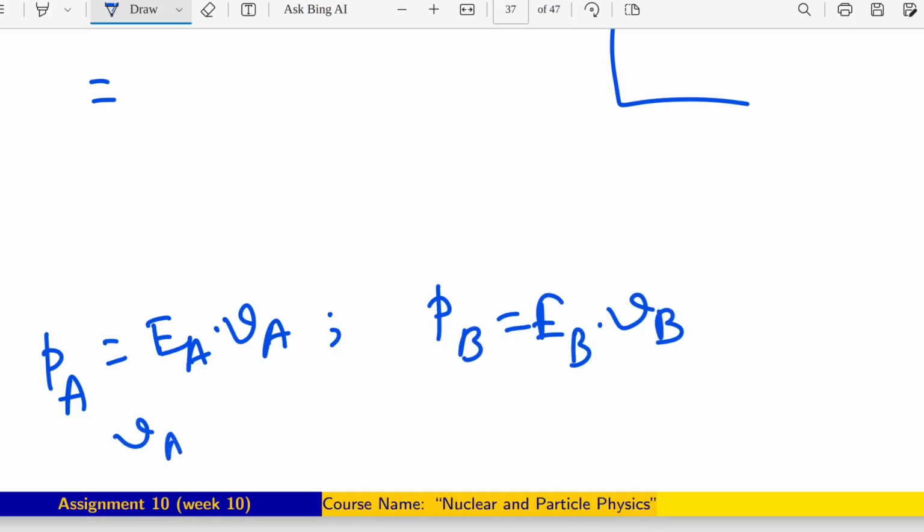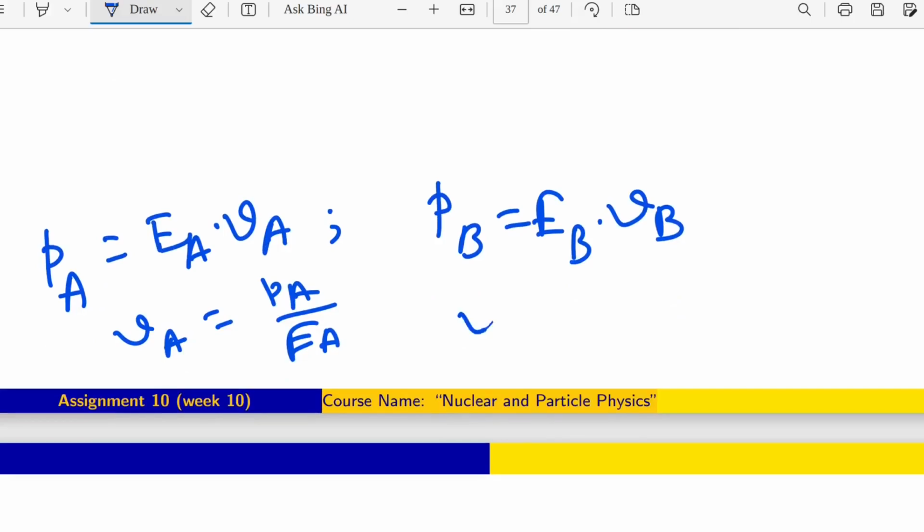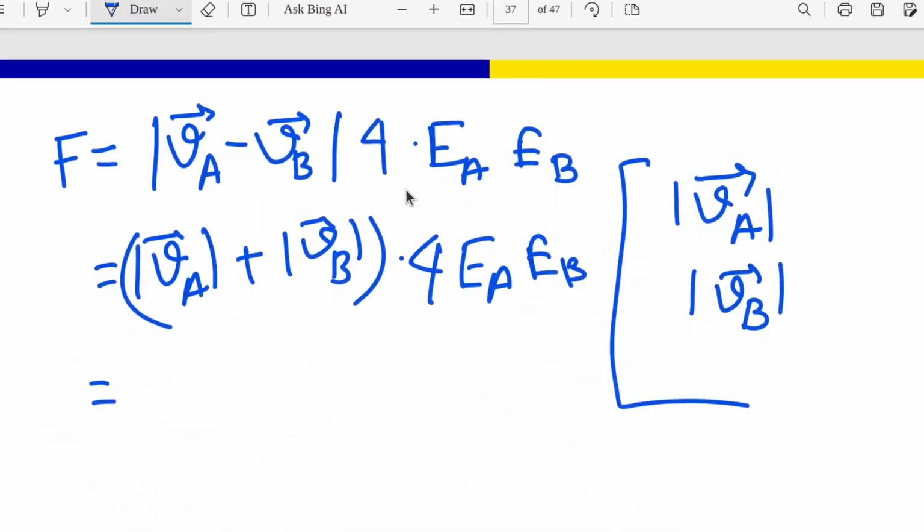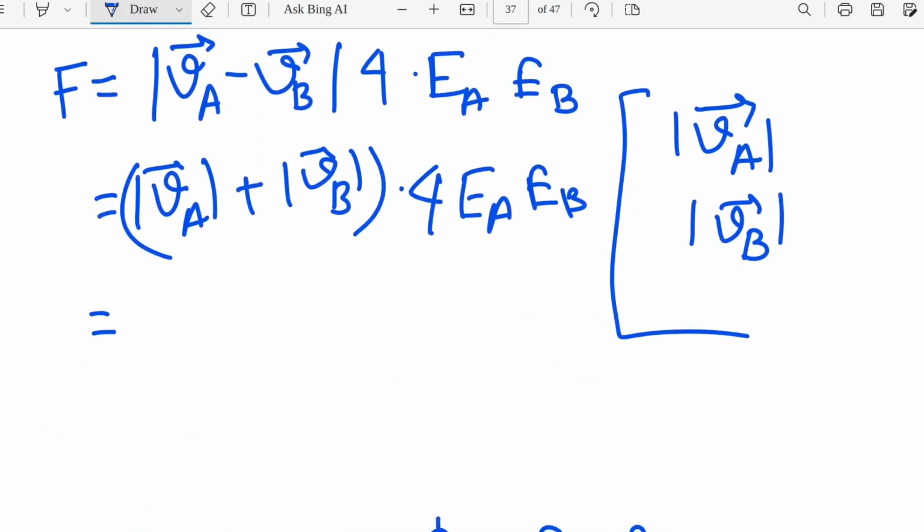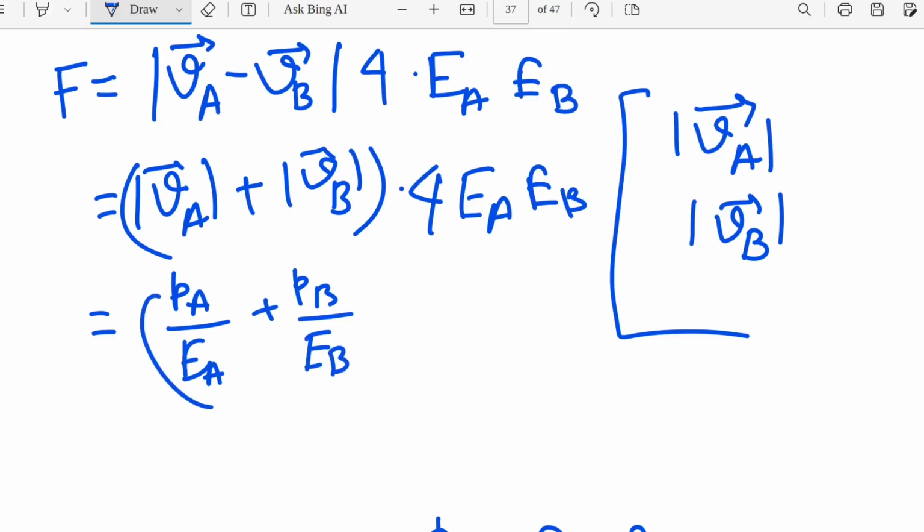So VA will be PA by EA, and similarly VB will be PB by EB. If I put these values, F will be PA by EA plus PB by EB, divided by 4 EA EB.